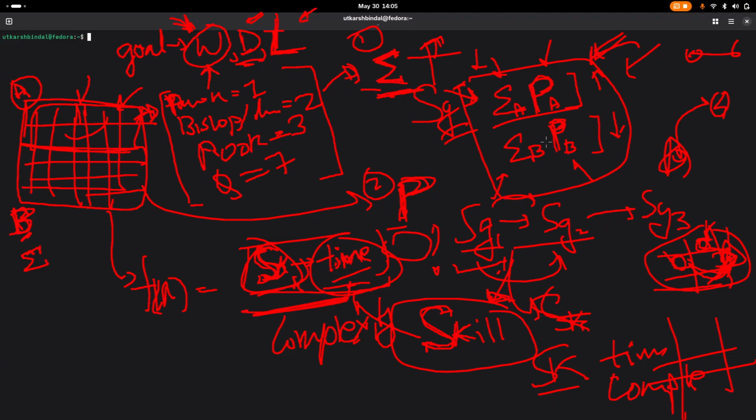Let me clear this up and write it in a simpler manner. So we have skill, time, and complexity, and our cost function becomes the summation of A and the position of A. Just to recap, this is the sum of the values of your pieces and the position of those pieces. And then you have the opponent's position and values.